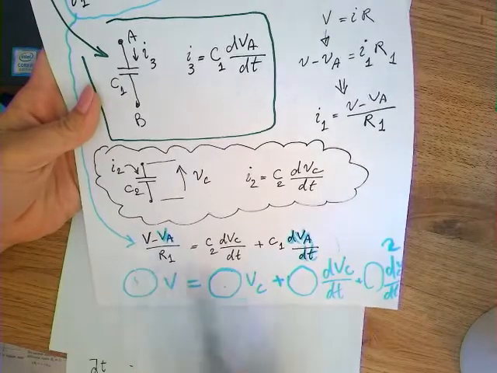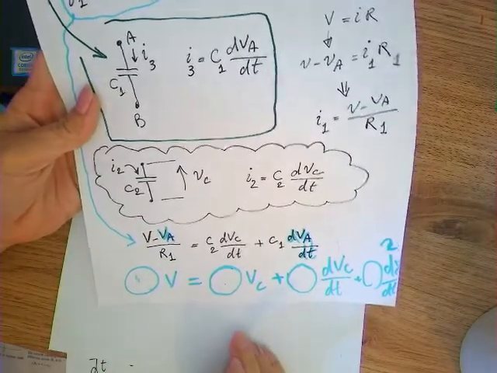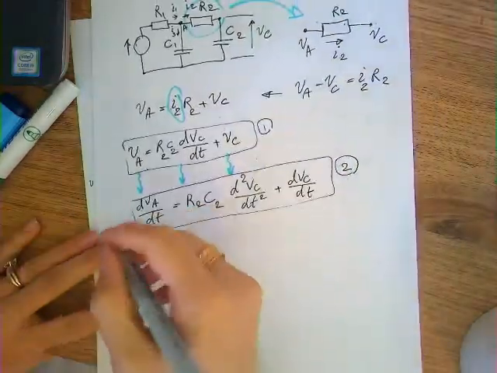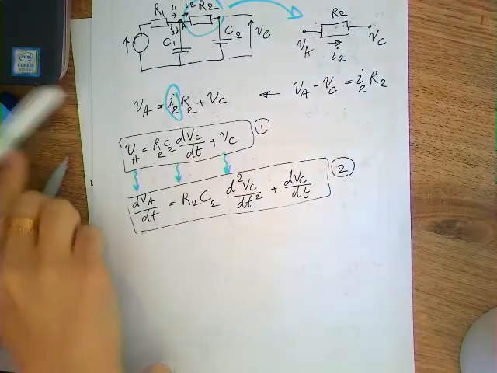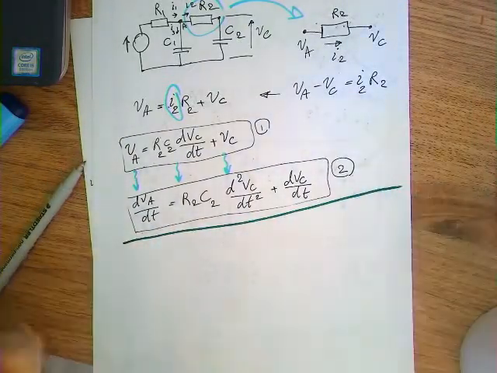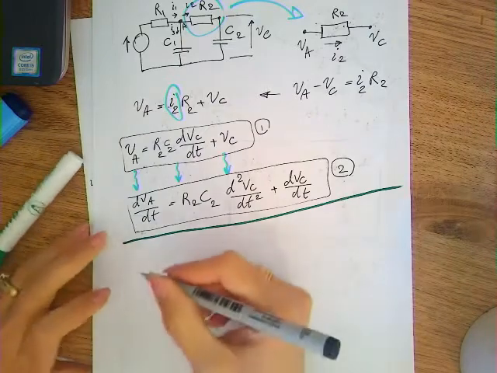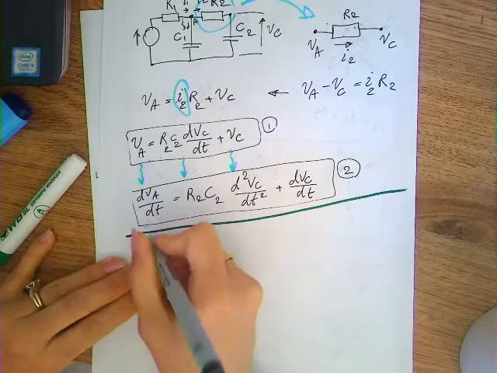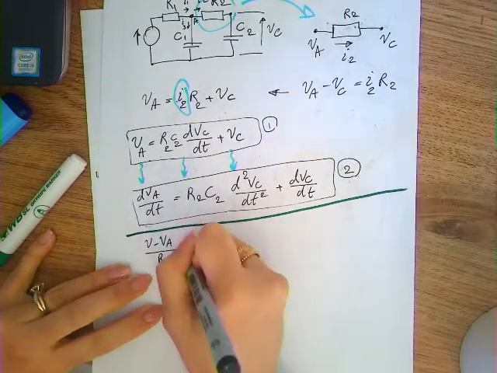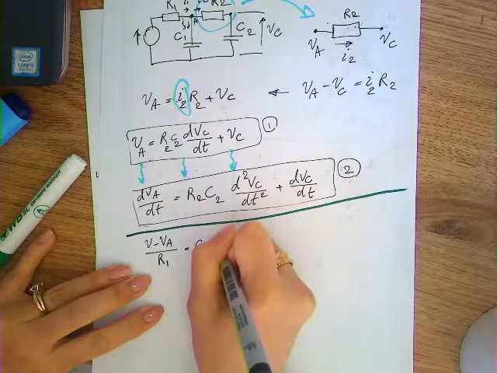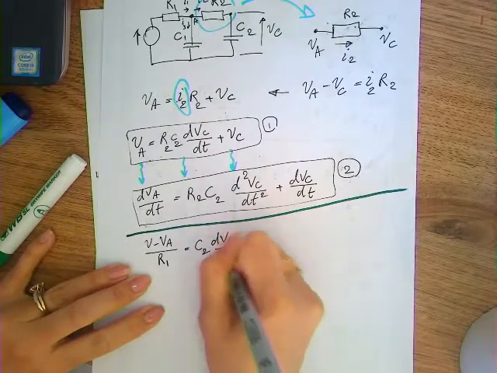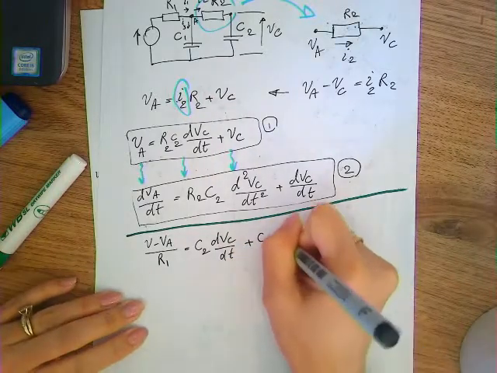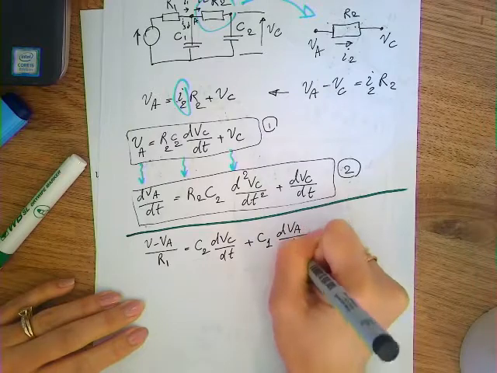Okay, I'm going to rewrite this and then we take it from there. Alright, so what I had was, let's make a line here. So I had V minus VA over R1 is equal to C2 derivative of VC over time plus C1 derivative of VA over time.